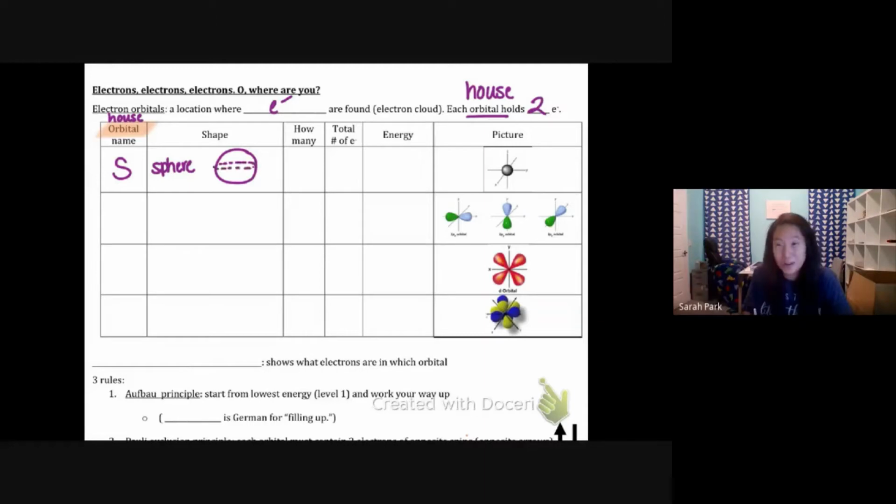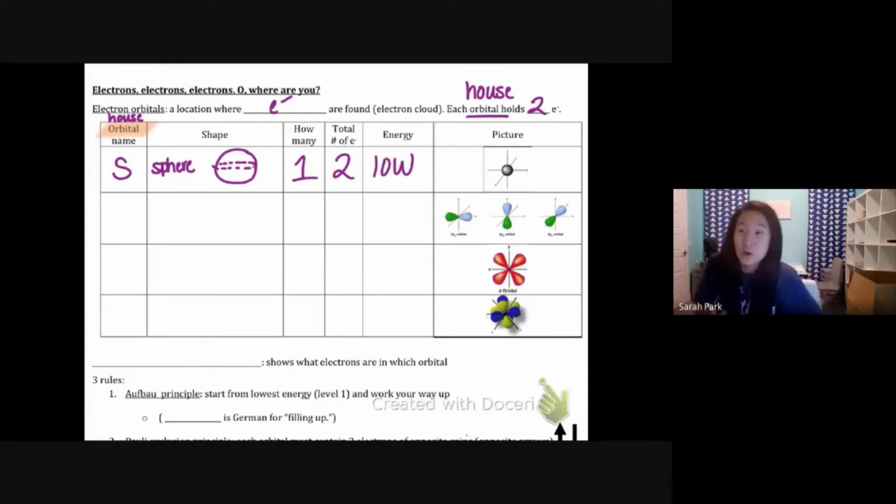In each energy level, you can only have one s orbital, or s house. In each orbital we can fit exactly 2 electrons, so a maximum of 2. It's very low energy, so we can't fit that many in there.